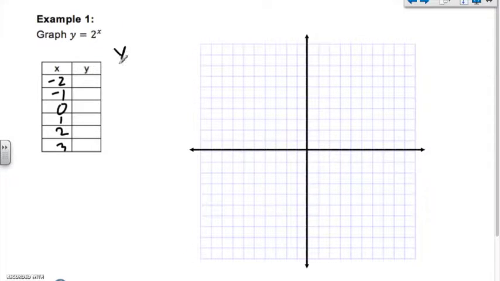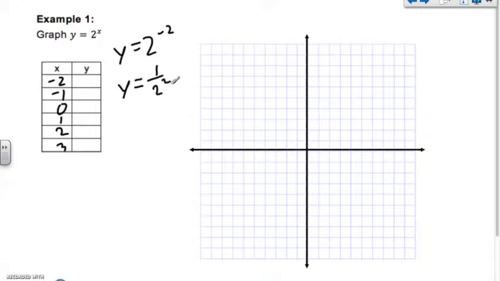So if we plug in on the first one, y equals 2 to the negative second power. Now if you remember all the way back to 1-7 when we were doing properties of exponents, to get rid of a negative exponent we move the base to the bottom, so we'd move the 2 to the bottom, and we would make the exponent positive now.